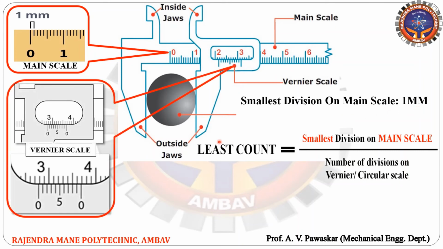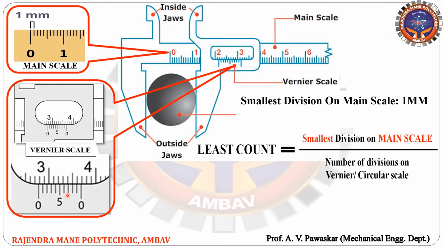And the Vernier scale is on the movable jaw. Count the divisions or markings on that window: 1, 2, 3, 4, 5, 6, 7, 8, 9 and 10.